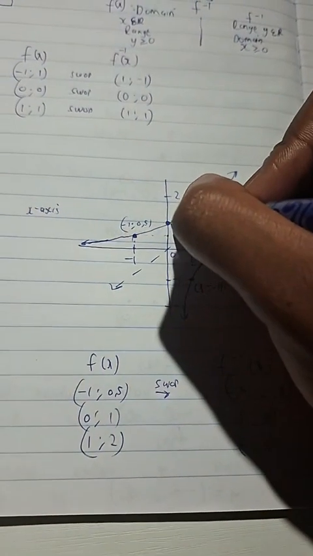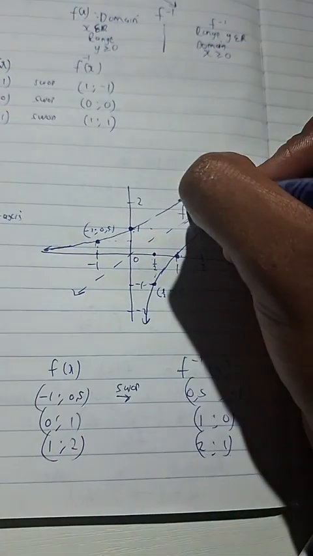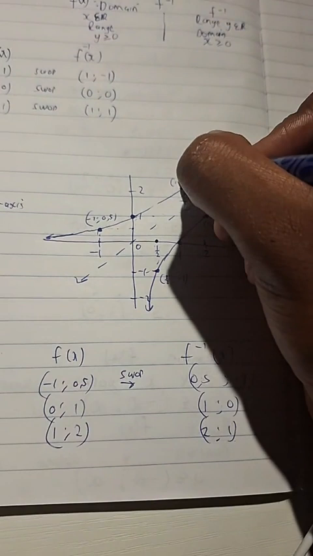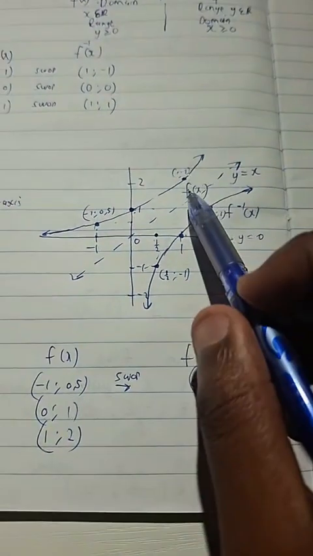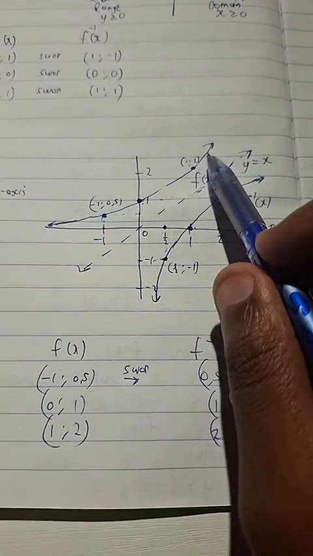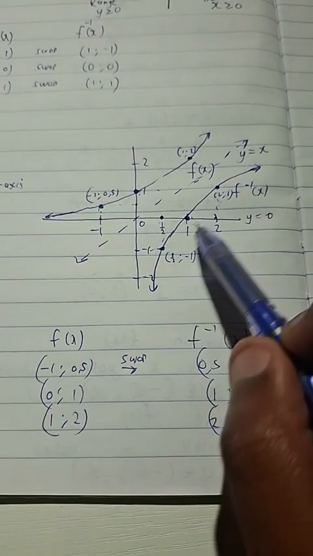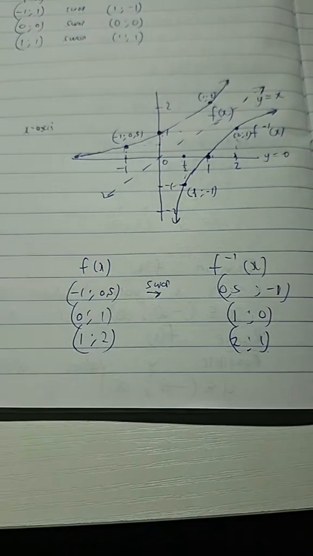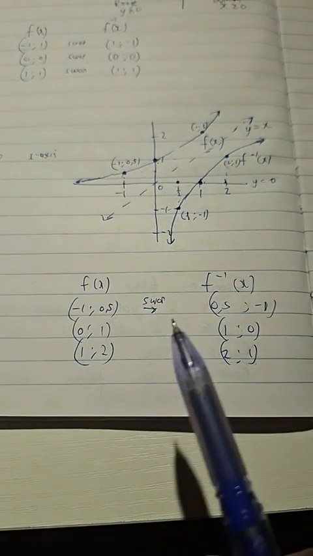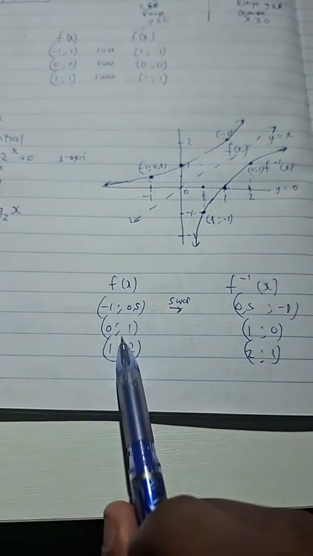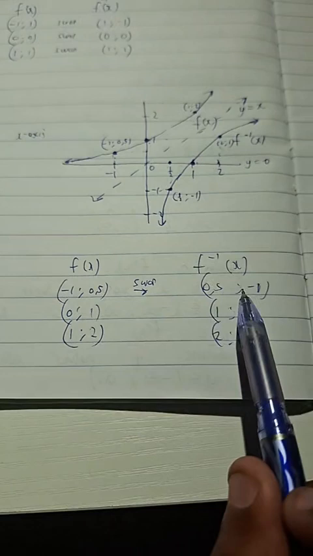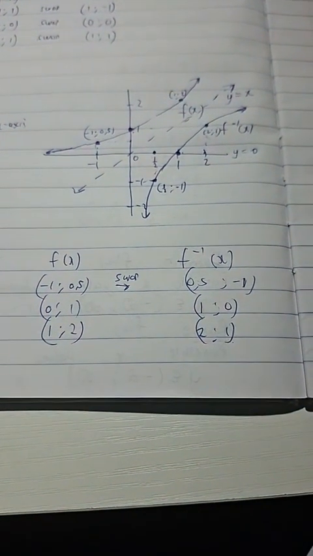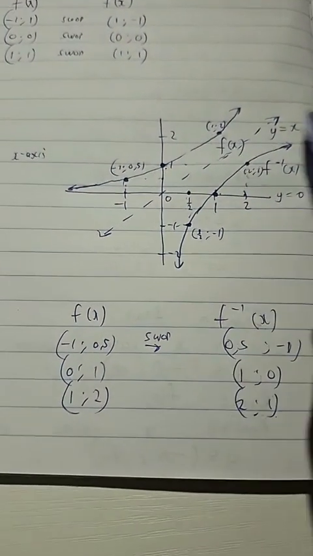The fact that this is 0 and 1. The fact that this is 1 and 2. And your original function must be marked. Your inverse must be marked. Okay? And it must be very neat, of course. Right, so with the swapping thing, once you have the coordinates of the original, guys, you just swap. You don't have to waste your time. Swap around the points and then you sketch your function.